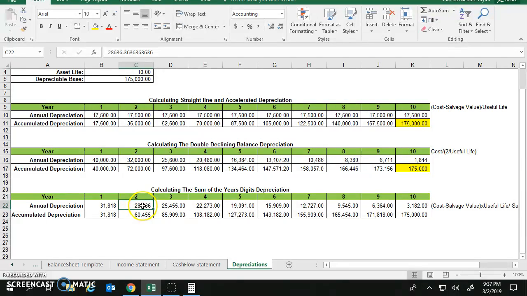So for 2, it will be 9 over 55. For 3, it will be 8 over 55, and so on and so forth. Similar to the other columns, you would do your, for instance, 31,818 plus your 28,636 to get your 60,455, and you would do that throughout each column.